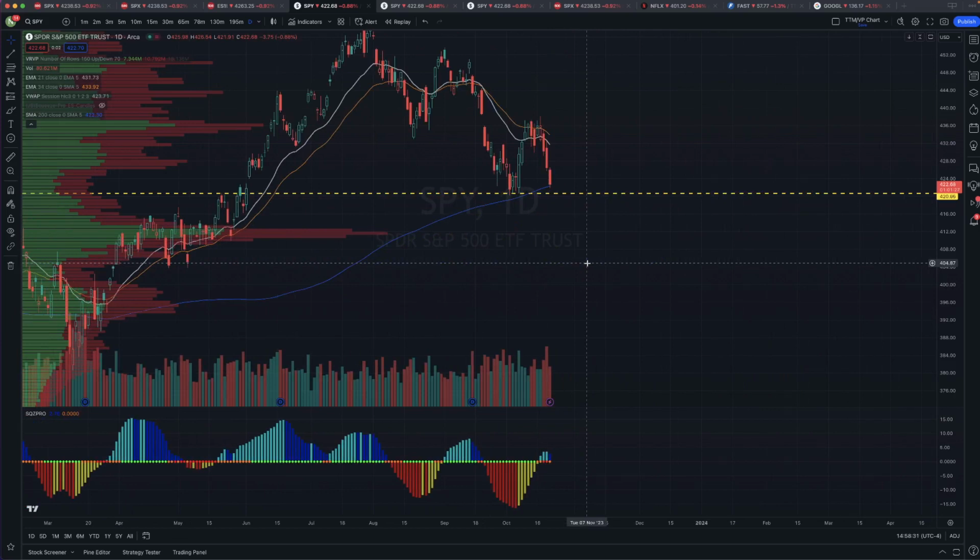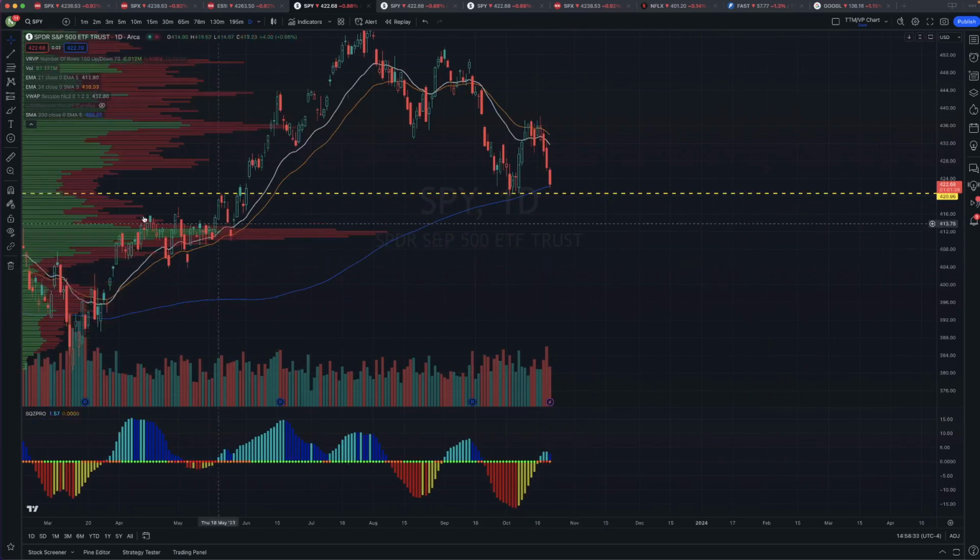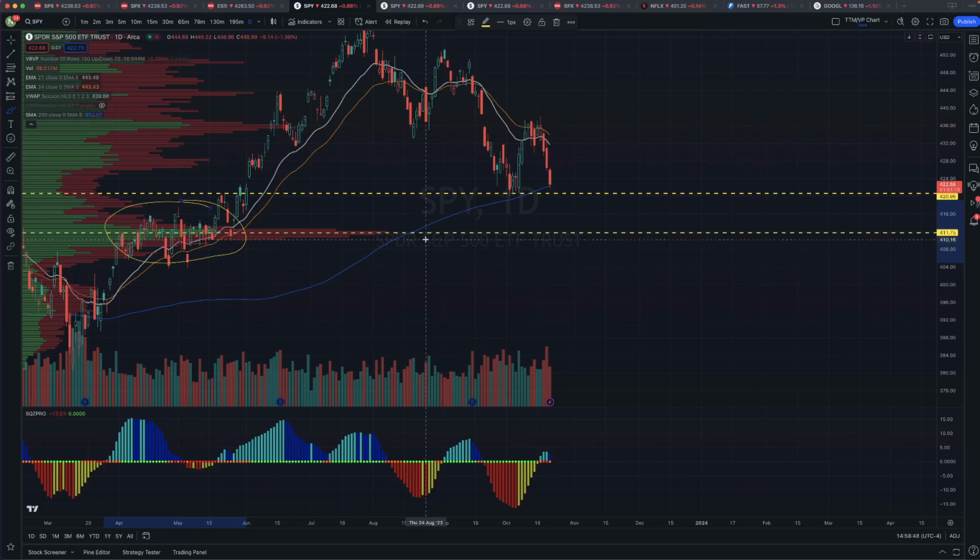You can see it just sticks out, and most of that is all the trading that happened right here. So these people are going to act as quite a bit of support at this level if we get down to there.